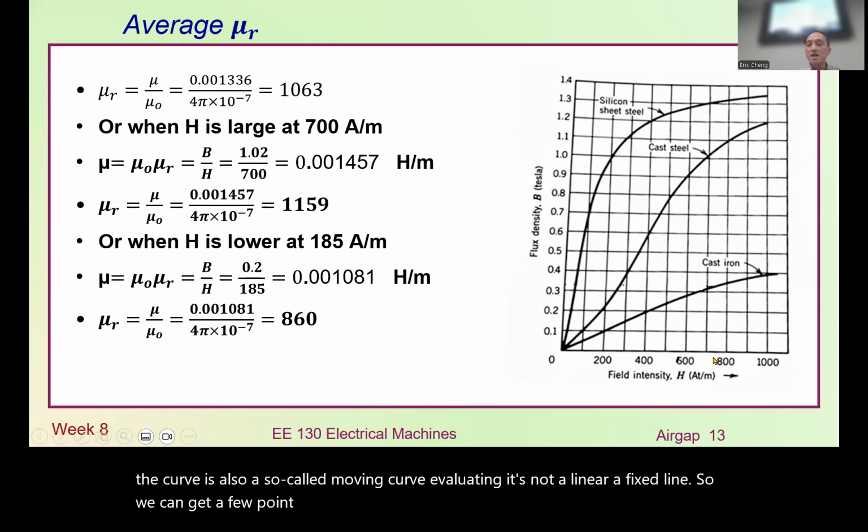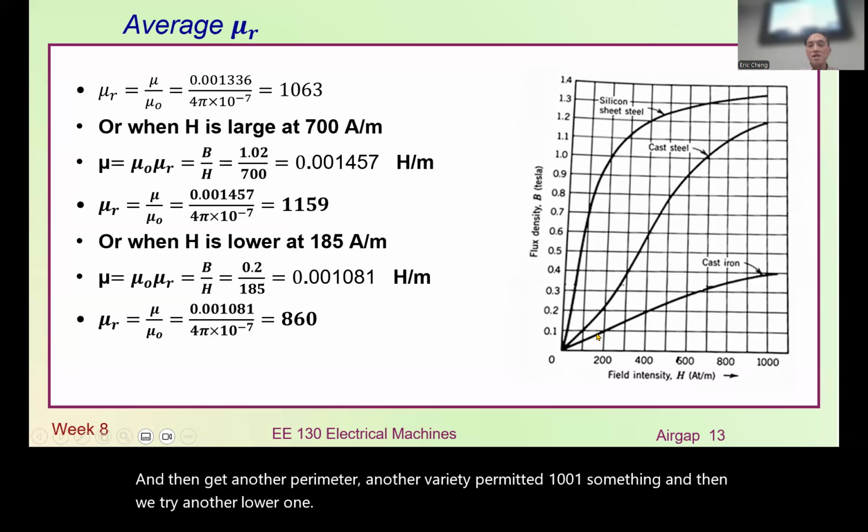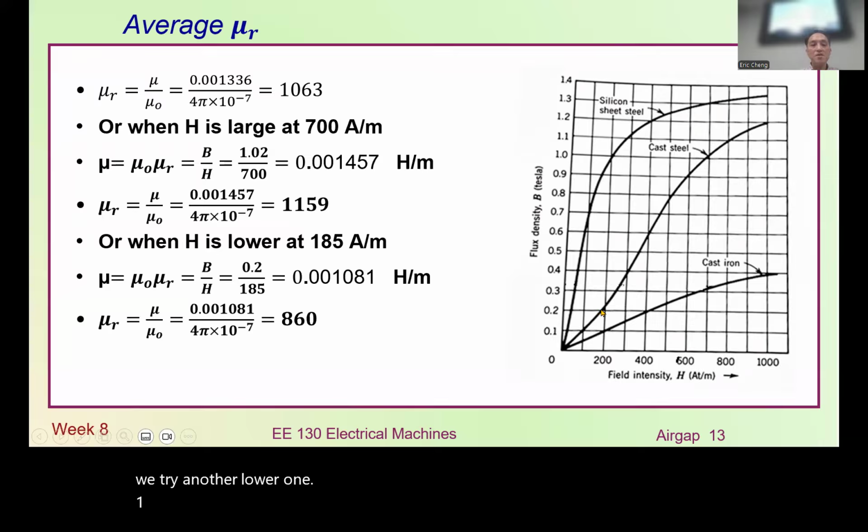So we can get a field point now. Next, we got 700 here. Then we can get B equal to 1. Then we get another relative permeability, 1,001 something. And then we try another, lower one, 185. Then we get the B field for that, another point.